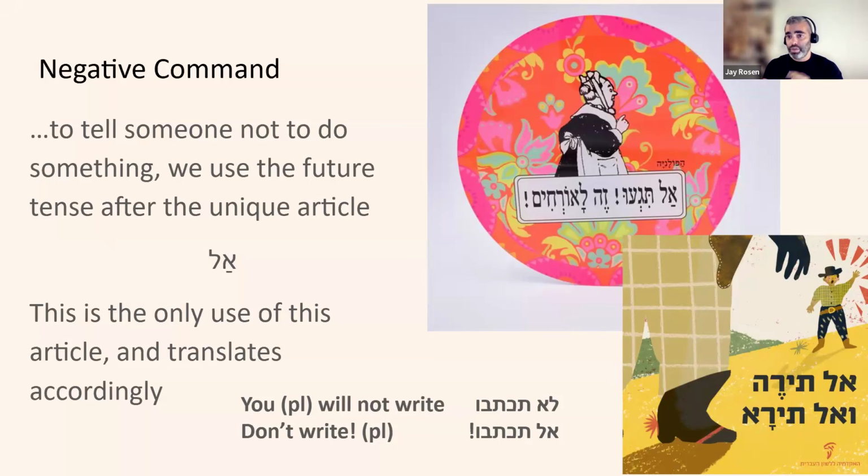The al tira, this one many of you will probably know. Al tira, and don't fear. Don't be afraid. Right? In Hebrew, they're spelled very similarly and they sound very similar. Al tireh ve'al tira. Two different verbs, right? But they're both using the same construct, just like al tig'u. Al followed by the future tense, meaning don't do something.